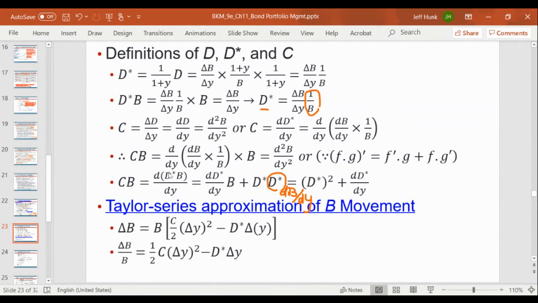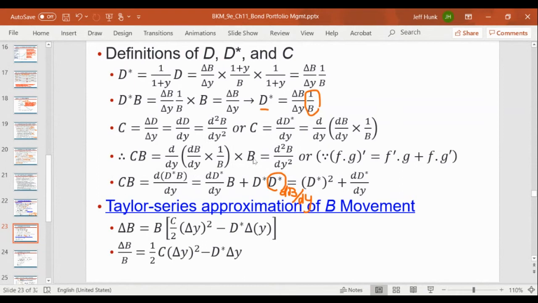Because convexity is the second derivative, right? Then how do we take the second derivative when we have one function here, and another function here?